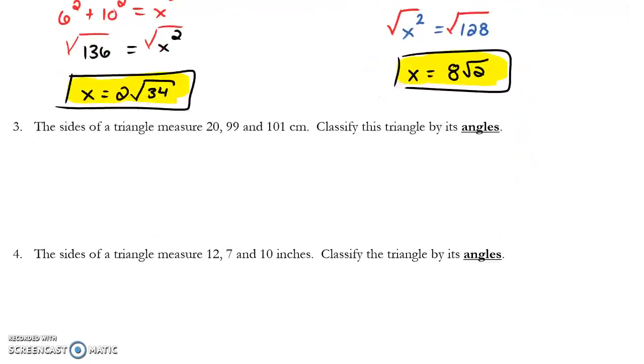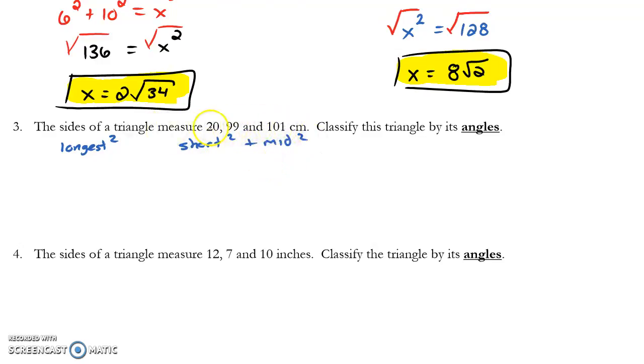But what if I'm asked to classify a triangle by its angles, and all I've been given are side lengths? That's where we use the opposite of our Pythagorean theorem, where I need to compare my longest side squared to my two other sides, so I'll call it short and middle in this case, added together, short squared plus middle squared.